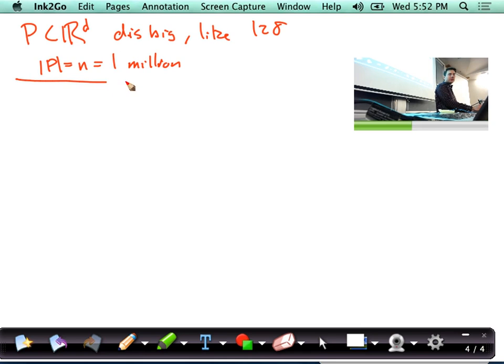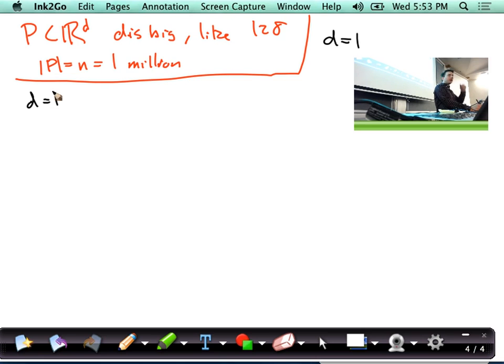Okay, but before we talk about this, let's talk about the simpler problem first, of just D equals 1. We'll talk with D equals 1, then we'll go to 2 and 3, and we'll build this on up.